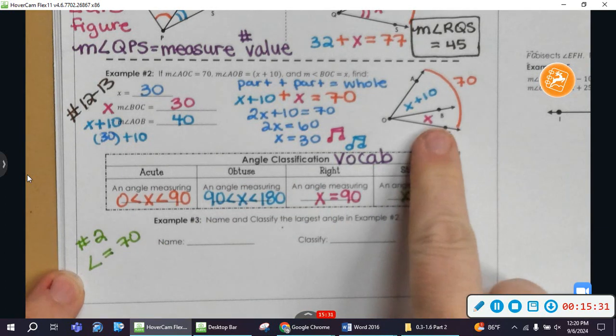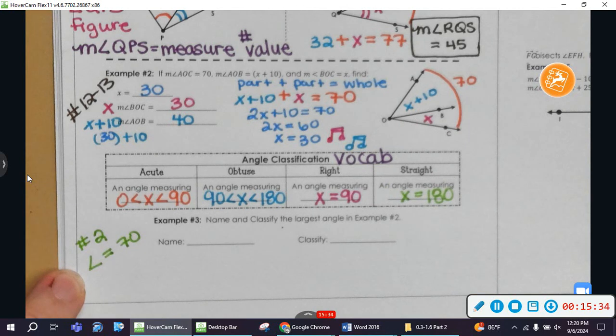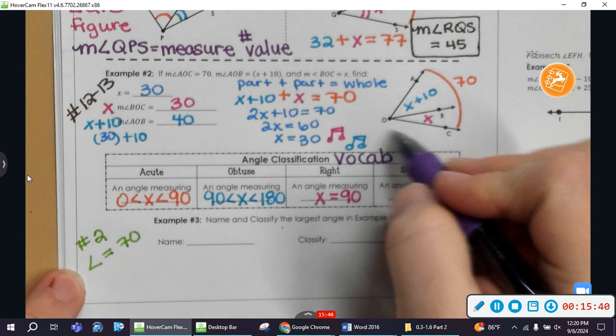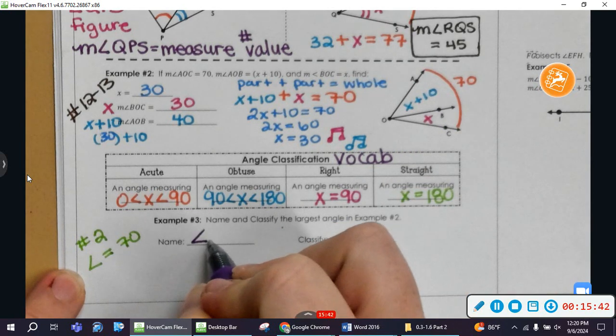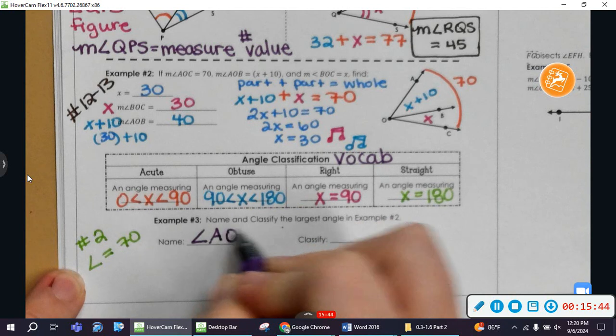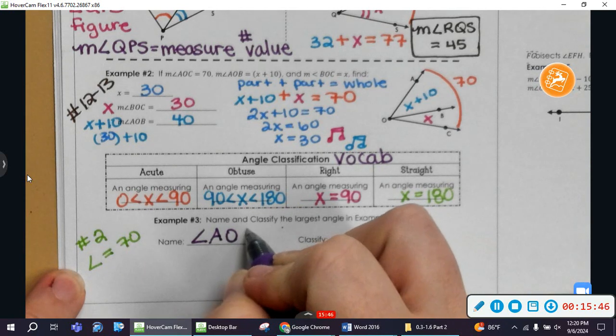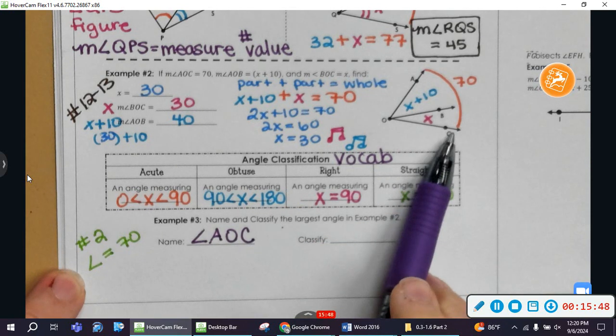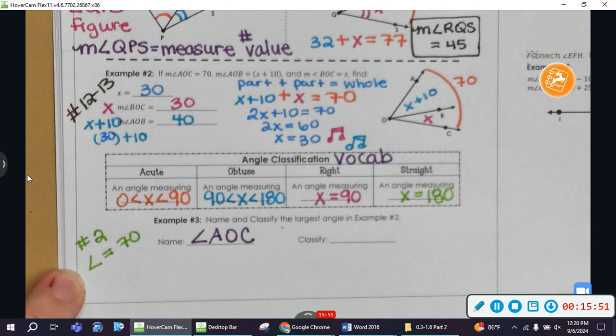So if I were to name it, remember we said naming it is the letters. So my letters are angle AOC. I could call it angle COA, but not angle O because there's too many sides to angle O.